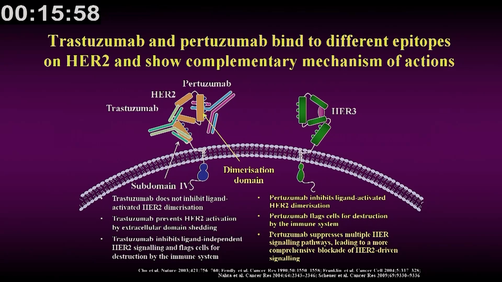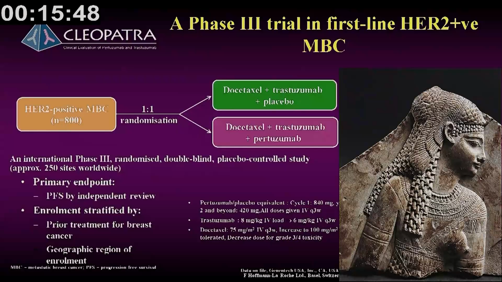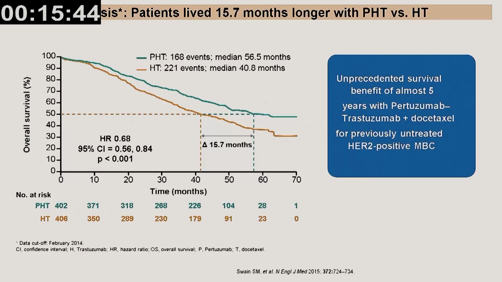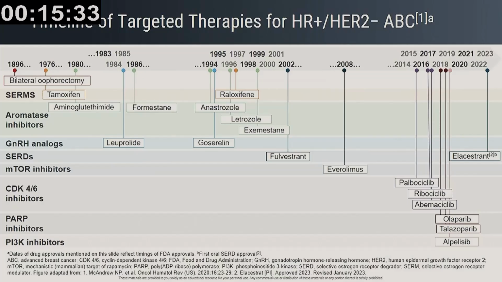Therefore the concept of using 2 monoclonal antibodies to target this HER2, the concept of dual HER2 blockade, was thought of, and we have the data from the study called CLEOPATRA, which showed that in fact doing a dual HER2 blockade was advantageous to the patient, and this was the overall survival, showing that there is distinct advantage here.